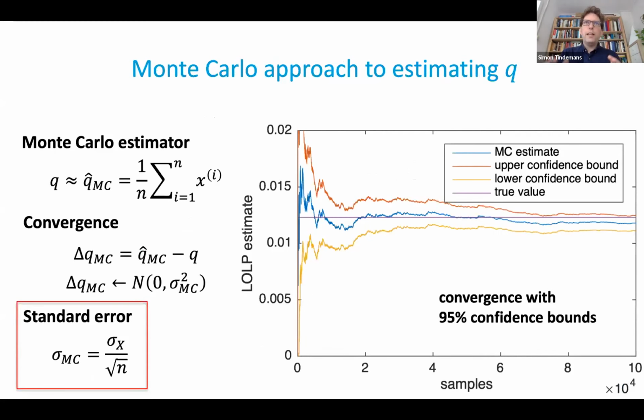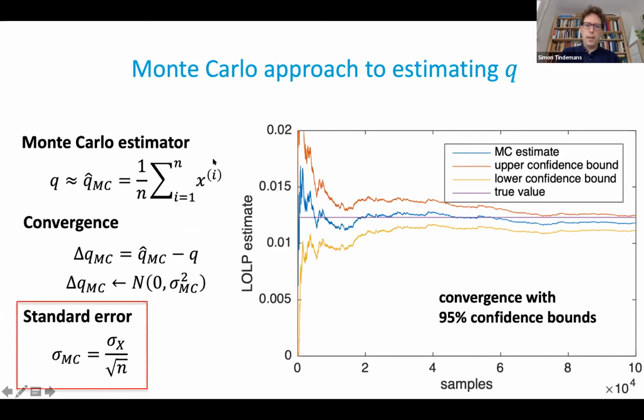Now, typically for any system that's not very simple to analyze, one often resorts to Monte Carlo simulation. And that's all based on the Monte Carlo estimator. So here the idea is simple. We approximate the quantity Q by the Monte Carlo estimator, which is simply the average of a number of independent random measurements of the thing we're trying to average.